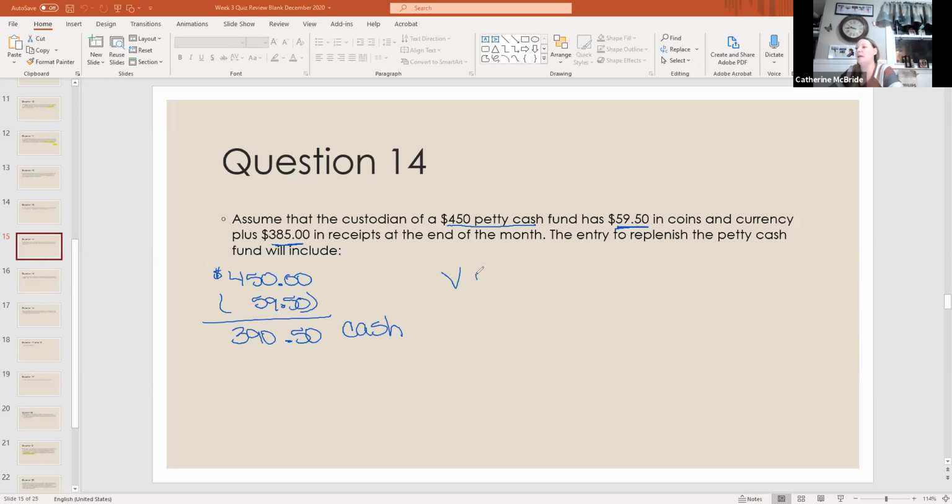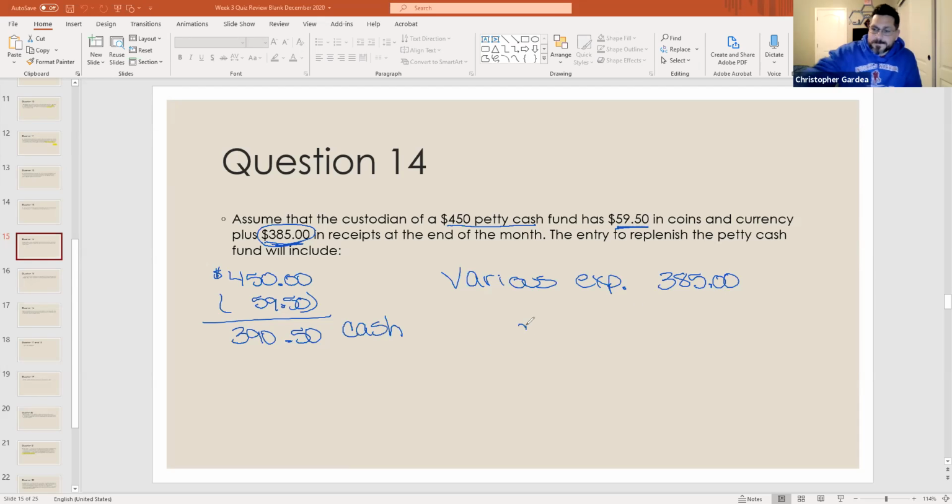Now, what we would normally do is we're going to record our expenses. And I'm going to say various expenses, but you wouldn't do that. You would record each one, like meals and entertainment, fuel, whatever. But I don't have the detail. So I have $385 in receipts. So I'm going to record those as expenses.